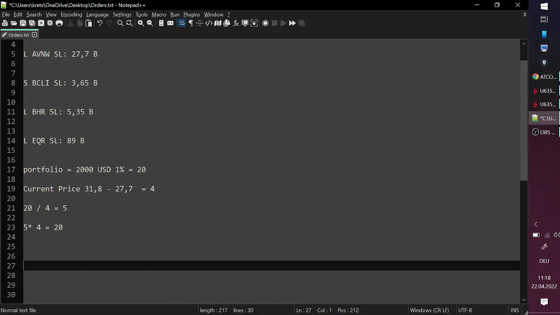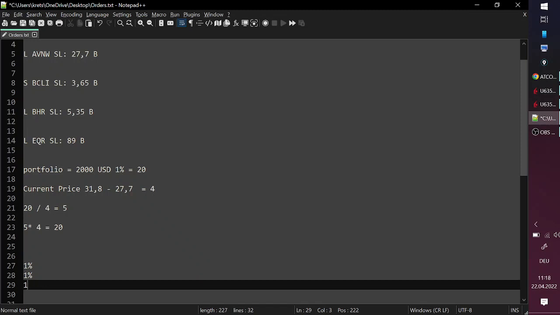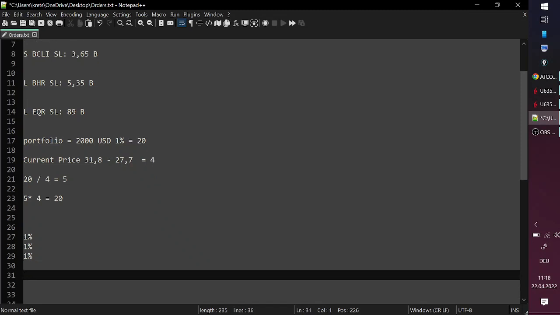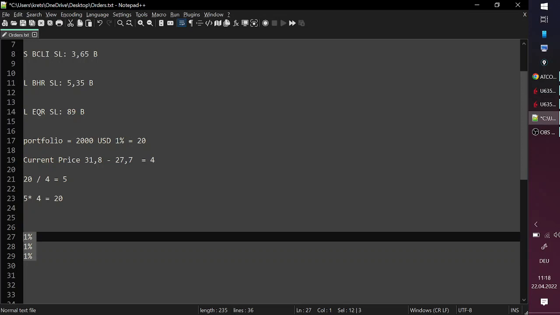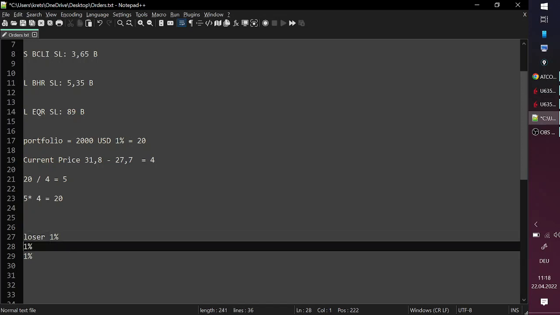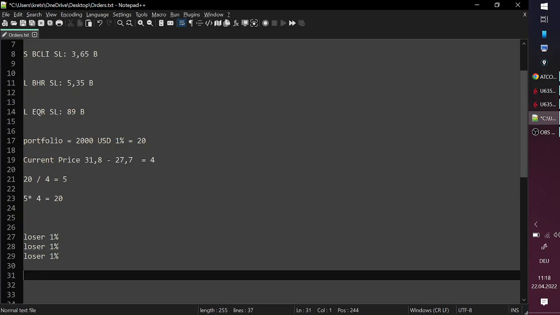Because we can lose 1% and lose 1% and lose 1%, and then you lose 3% of your whole portfolio. But within these 3, you probably have one winner, which will have more than 3%. So let's say you have a loser of 1%, then another loser of 1%, and then another loser of 1%. Then we get a winner, and that winner will be something like 5%, at least.